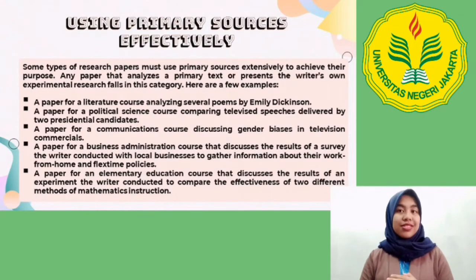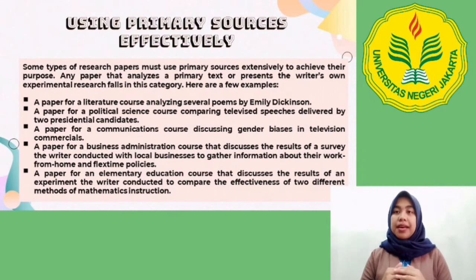Next point, using primary sources effectively. Some types of research papers must use primary sources extensively to achieve their purpose. Any paper that analyzes a primary text or presents the writer's own experimental research falls in this category.